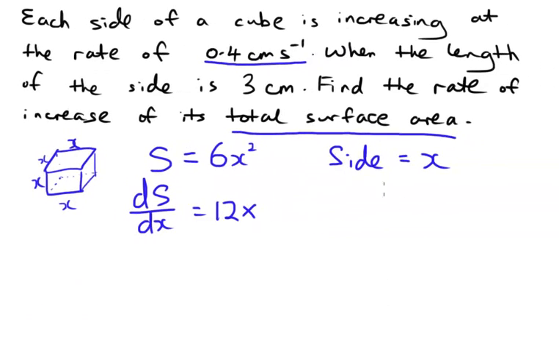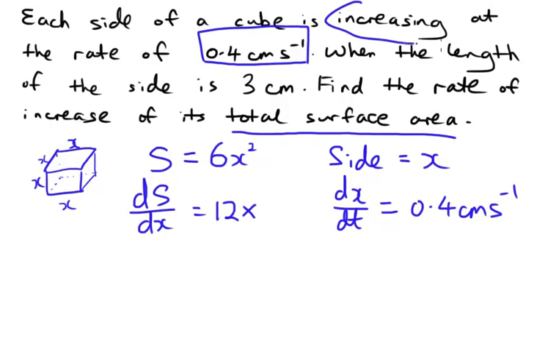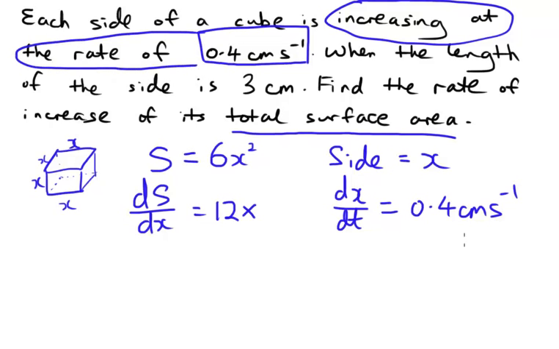So we can write dx/dt equals 0.4 cm per second. So this is how we convert this information into the mathematical notation. Now, we have dS/dx, we have dx/dt.